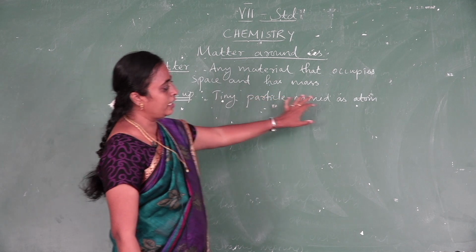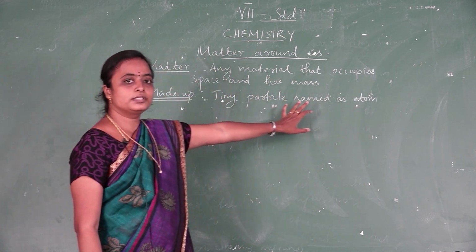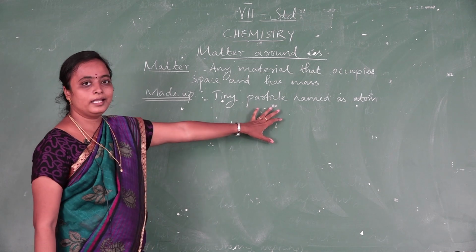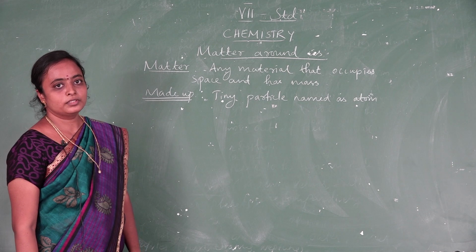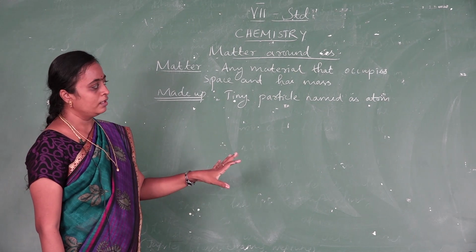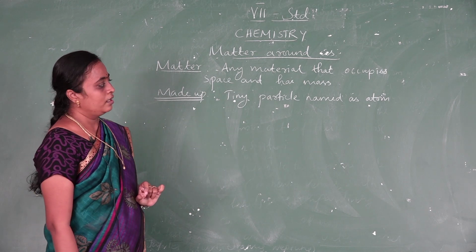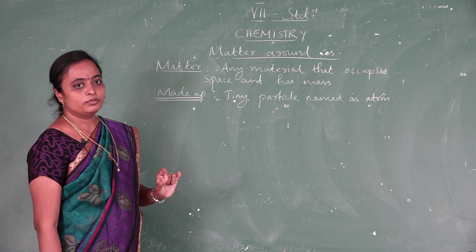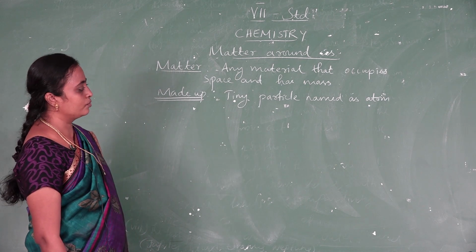If you take an atom, it is not possible to see it through the naked eye. Even with an optical microscope it is not possible to view it, because it is a very small particle.